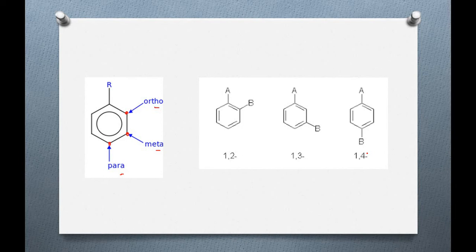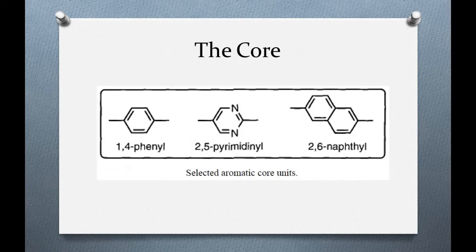So let us go a little bit deeper and talk about our core. The core of these liquid crystalline materials is basically these linearly linked ring systems. This is a very, very common structure, the most often common structure. They will be in the form of aromatic rings. So what are these things that I have here? I have 1,4-phenyl or 2,4-pyrimidinyl or 2,6-naphthyl.